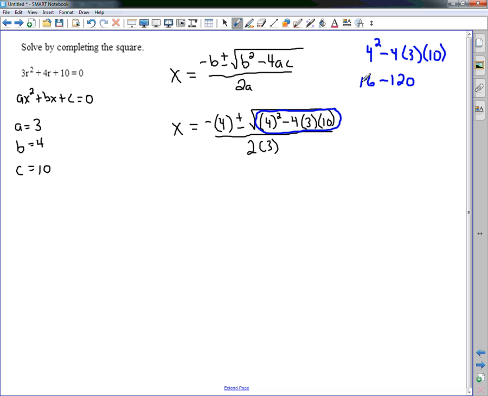Keep going. 16 minus 120 is negative 104. And I'm going to plug that back in here, just to save some room. Out front, we have negative 4 plus or minus square root of negative 104. On bottom, we have a 6.